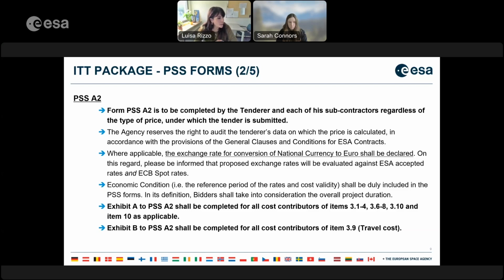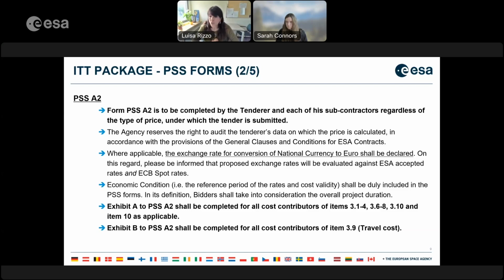Considering that the proposals are usually evaluated a couple of weeks after submission, please make sure you also mention the timing at which the exchange rates proposed by the bidder are taken. Because due to fluctuation, they can be different from one month to another. So it's better, again, to provide as much information as possible.